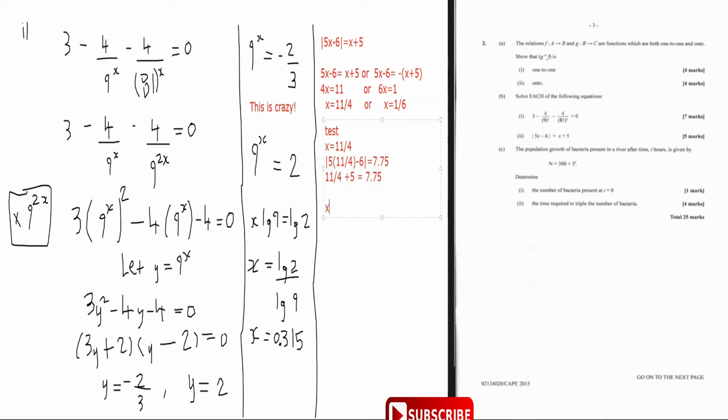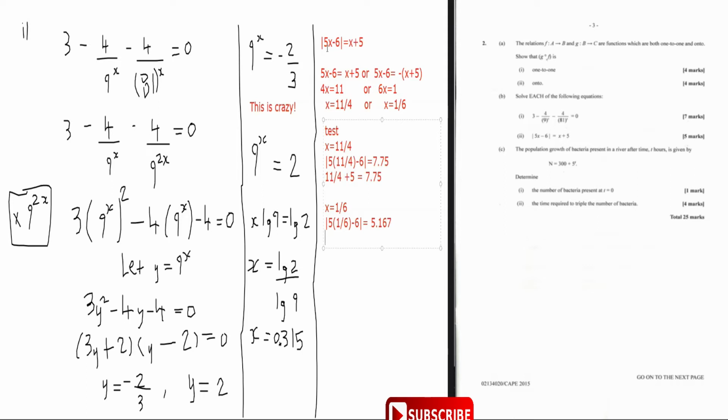Let's check when x is 1/6. You put it in here and you have the modulus of 5 times 1/6 minus 6. Put it in a calculator, the modulus of that is 5 and 1/6, which is 5.167.